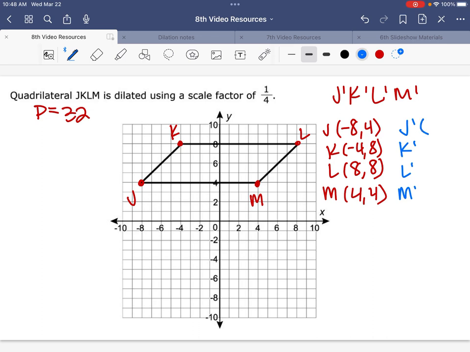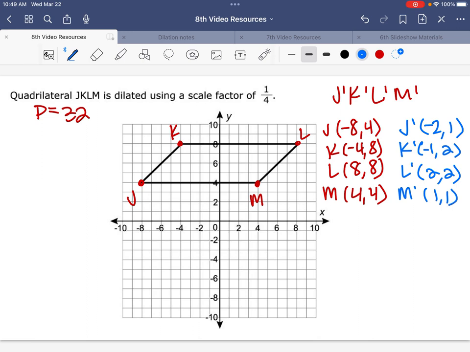So 1/4 of -8 is -2. And 1/4 of 4 is 1. 1/4 of -4 is -1. And 1/4 of 8 is 2. 1/4 of 8 is 2. So L prime is 2, 2. And then 1/4 of 4 is 1. So we have M prime at the coordinates of 1 and 1.